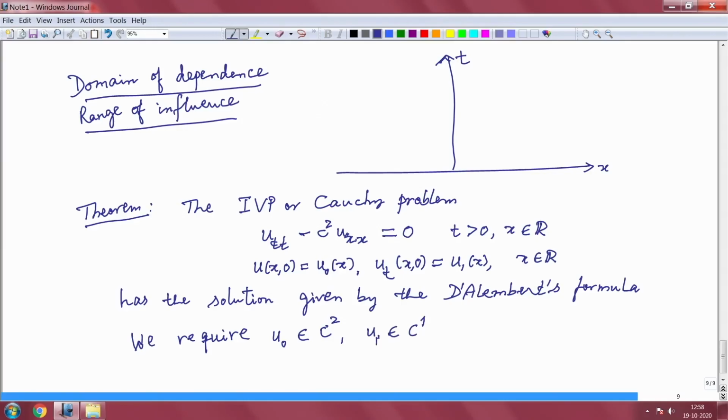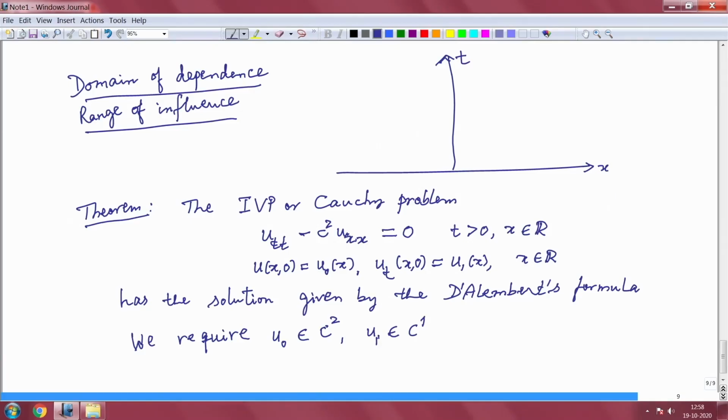Okay. So, if u0 is a C2 function and u1 is a C1 function, then the wave equation has the solution given by D'Alembert's formula, hence it is unique. Here we do not have to prove the uniqueness separately, because we are deriving a formula for the solution, but in many other cases the uniqueness has to be proved separately. I will make some remarks on that.